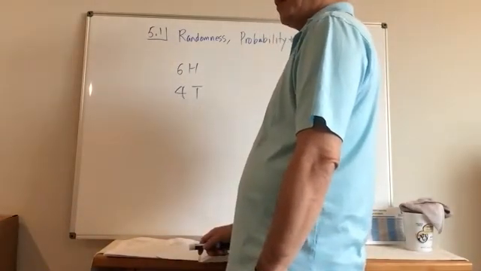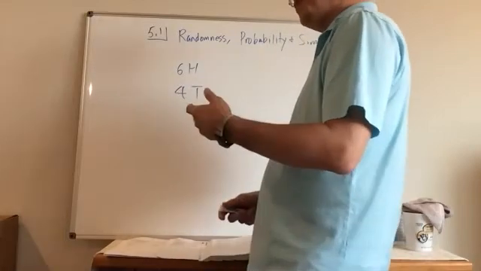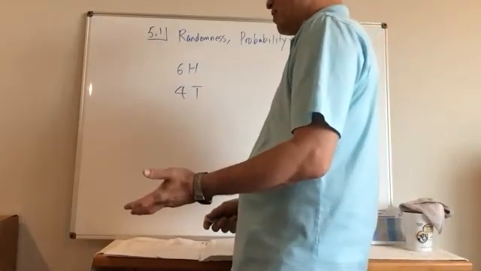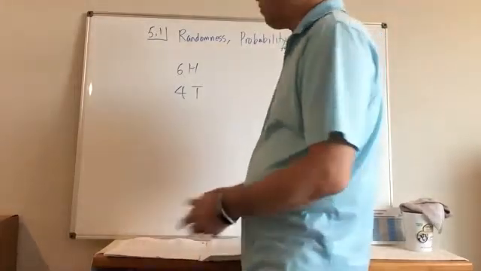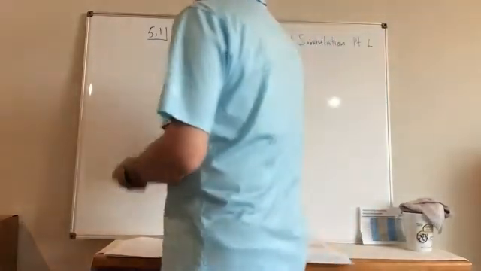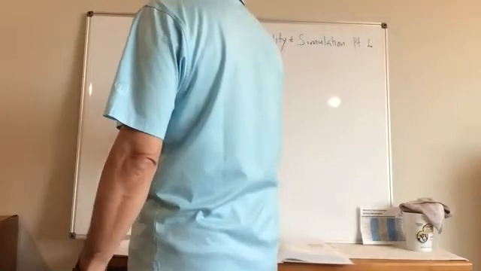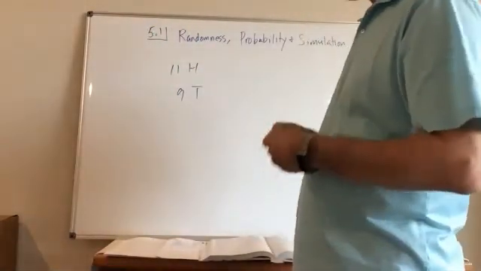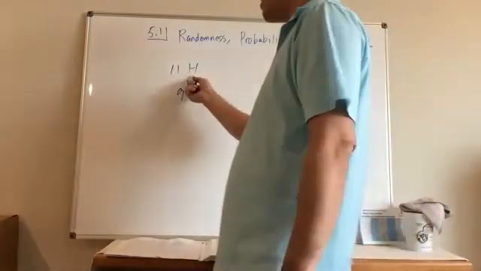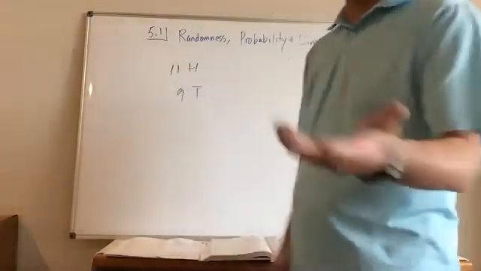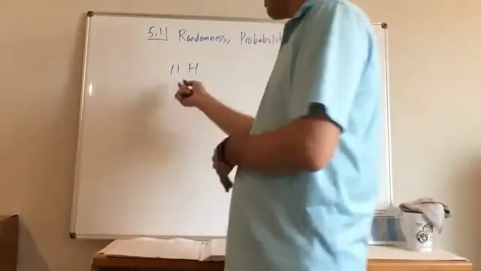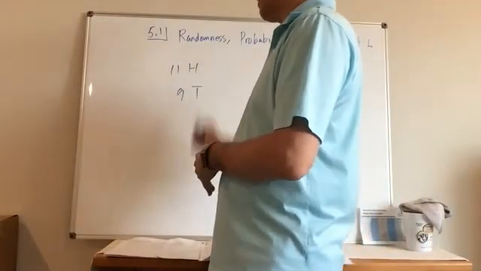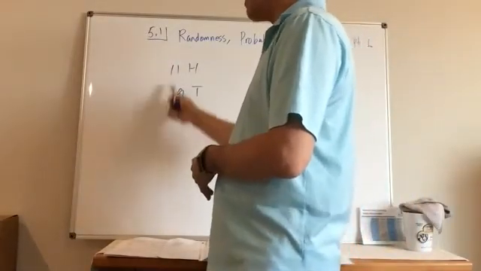Now, if I did it 20 times, I might get a different result, right? If I do it 20 times, maybe I get, I don't know, 11 and 9. So then my probability of getting heads would be what? My experimental probability is 11 out of 20, which is 55% heads, 45% tails.